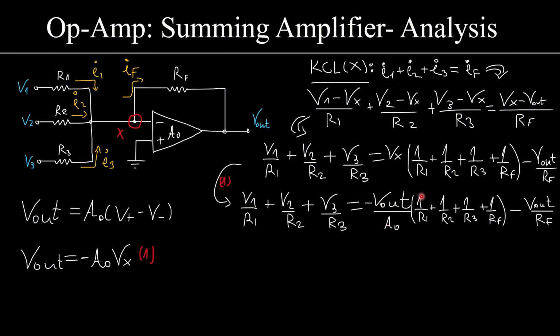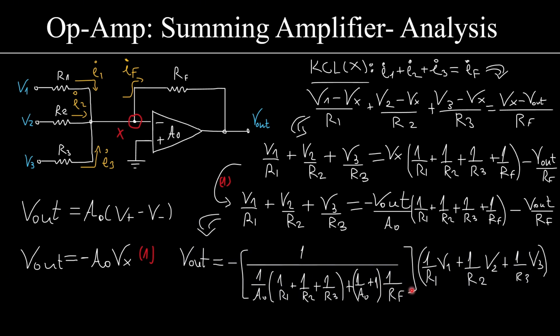Now I have nothing but Vout and all of the common quantities I know, V1, V2, V3, and the resistances, and A0. And therefore, I can finally have my equation, which is Vout is equal to something multiplied by something V1 plus something V2 plus something V3.